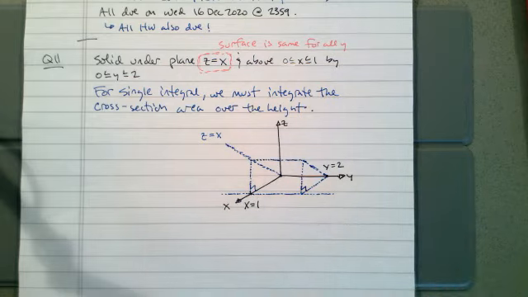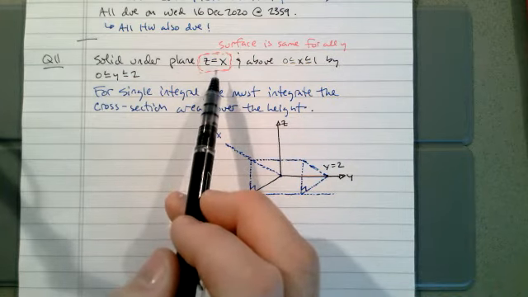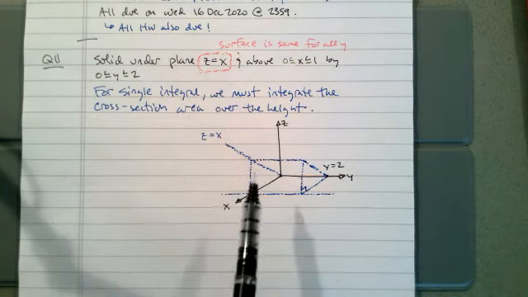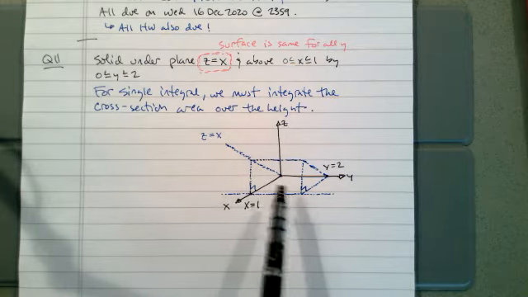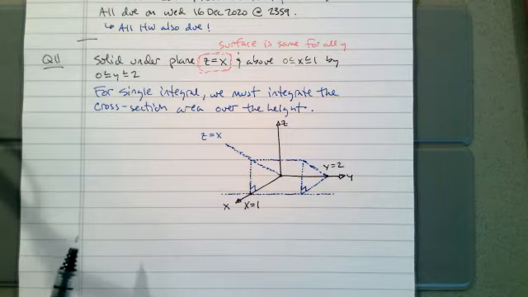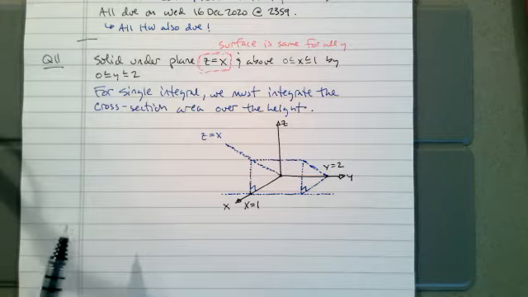And that makes sense because our equation z equals x doesn't seem to care about y. So one integral we could write is we could just integrate this area of the triangle from 0 to 2, dy. So we could write this as a y integral.